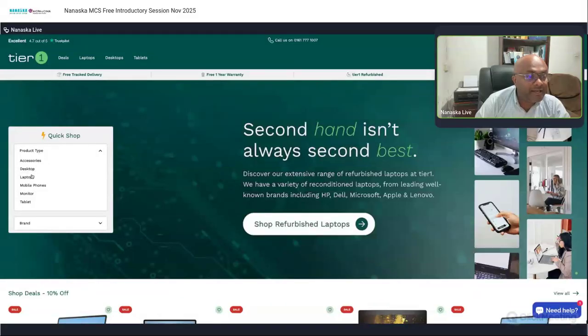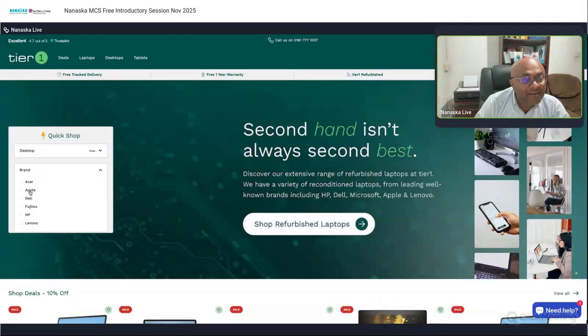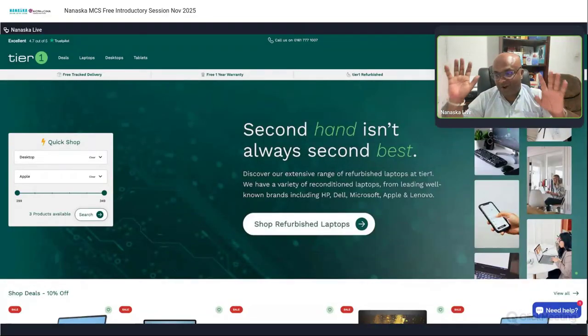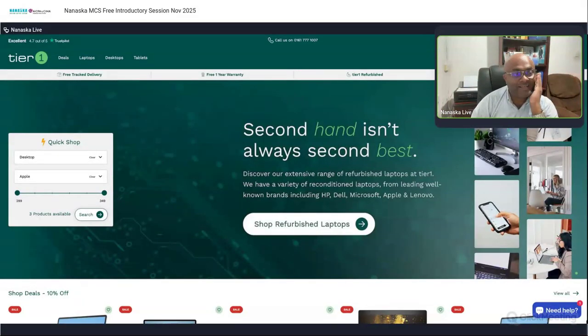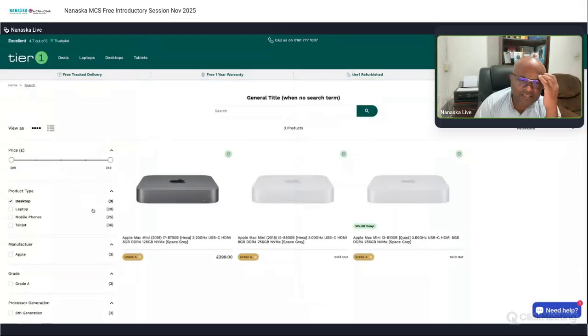So I'll go and say, I need a desktop. Now they're asking me, which brand do you need? I'll say, I need Apple. So can you see on the screen, I'm working right on your left-hand corner. There's an area called Quick Shop. In the Quick Shop, I enter, and when I search, they will tell me the products that are similar to what I'm looking for.